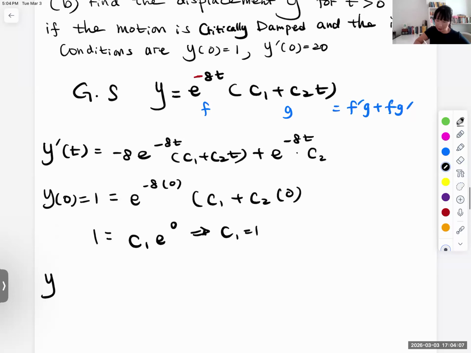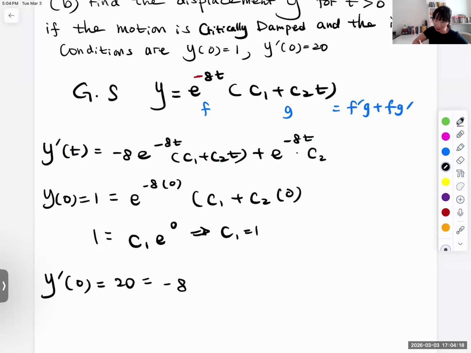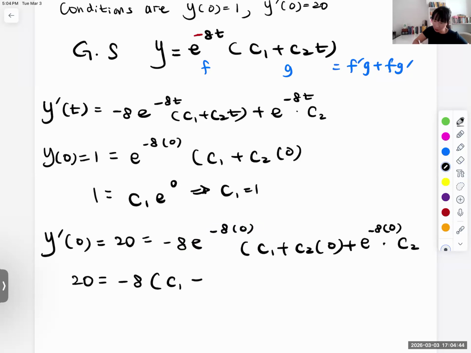Okay, we have the second one, y prime of 0 equal to 20 equal to, using this one, negative 8 e to the negative 8 times 0, c sub 1 plus c sub 2 times 0, plus e to the negative 8 times 0 times c sub 2, right? Okay, now 20 equal to negative 8, it's 1, and c sub 1 plus, it's 1, so c sub 2, right?